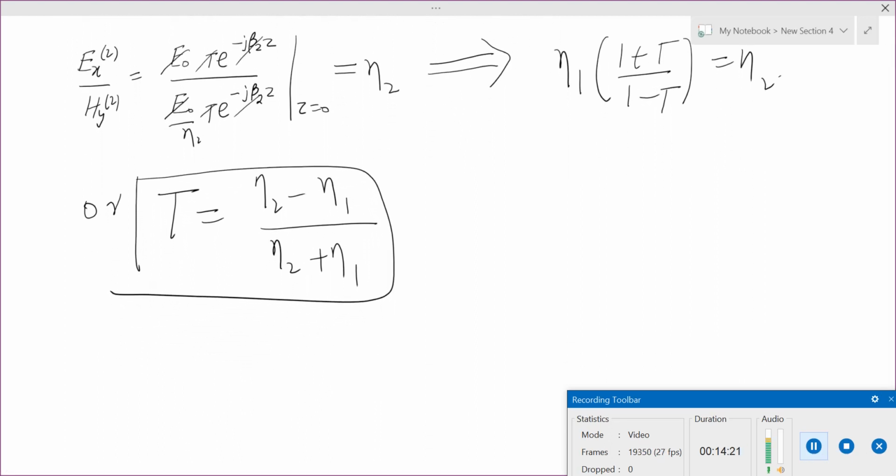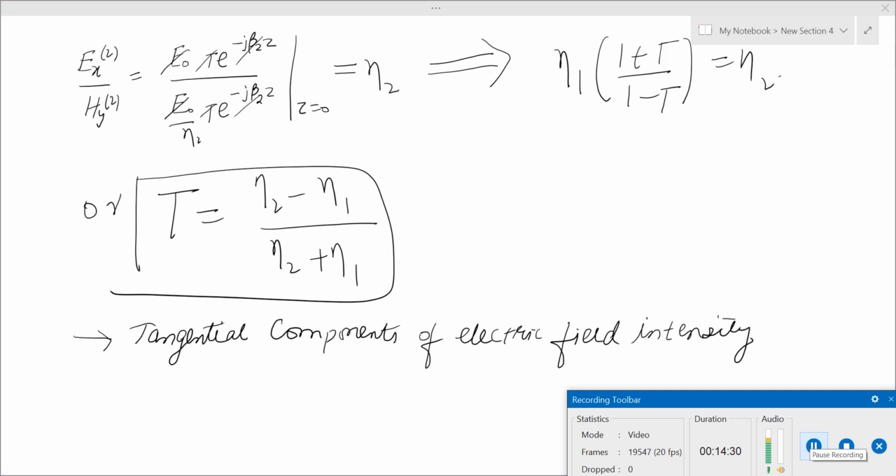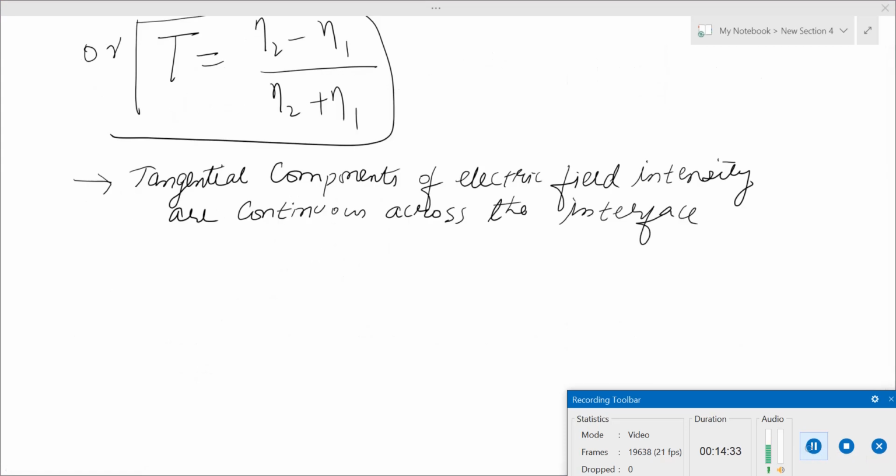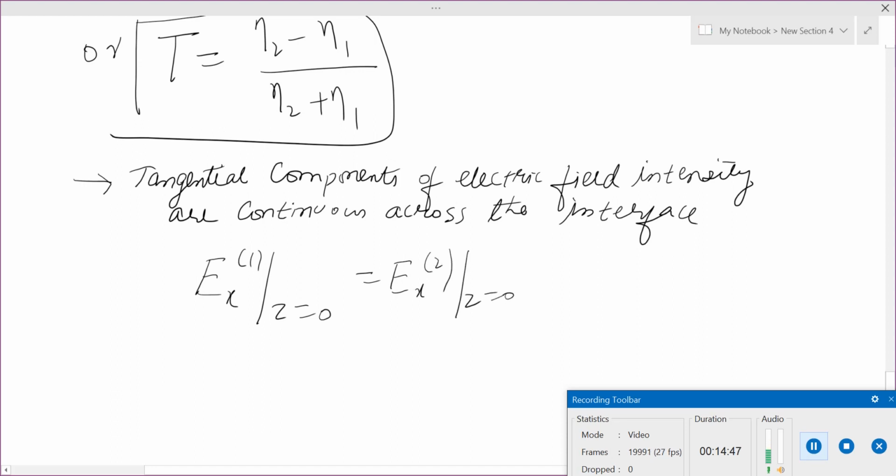And now we also have one more boundary condition, that the tangential components of electric field intensity are continuous across the interface. So what does that mean? It means that the electric field component at z equal to 0 in medium 1 should be the same as the electric field component in medium 2 at z equal to 0, right?